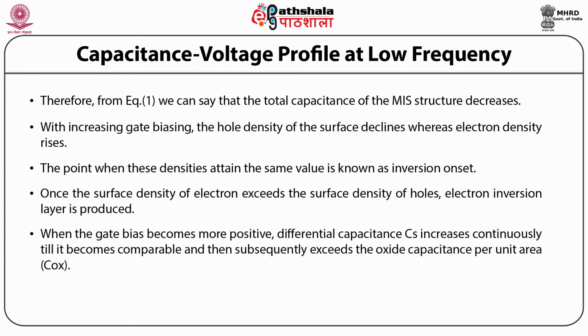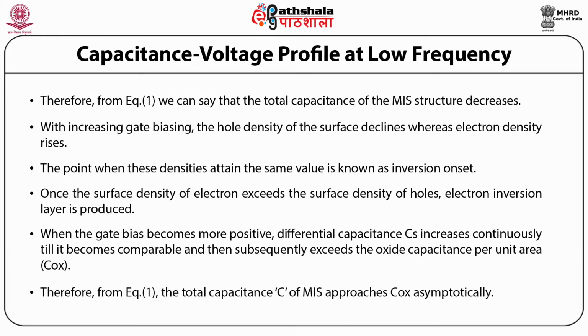When the gate bias becomes more positive, differential capacitance Cs increases continuously till it becomes comparable and then subsequently exceeds the oxide capacitance per unit area, that is Cox. Therefore, we can say the total capacitance C of the metal insulator semiconductor structure approaches Cox asymptotically.